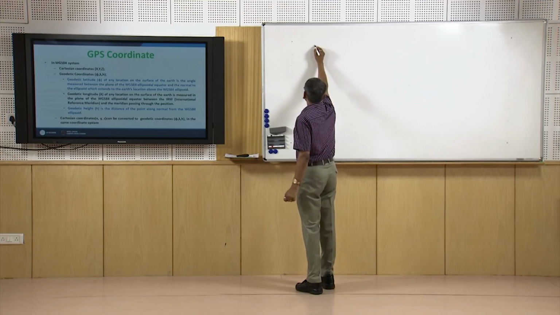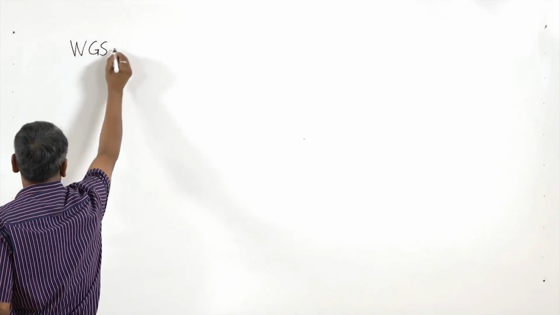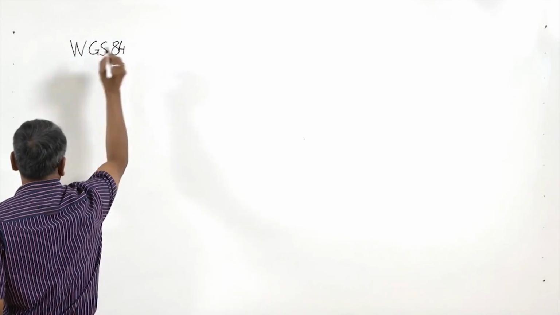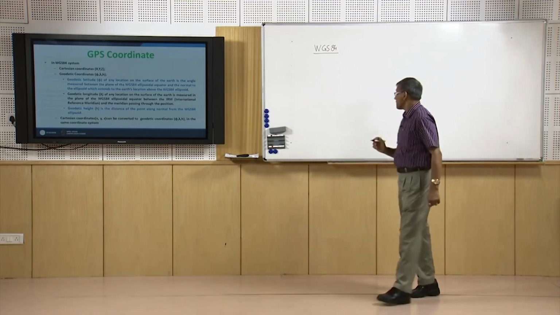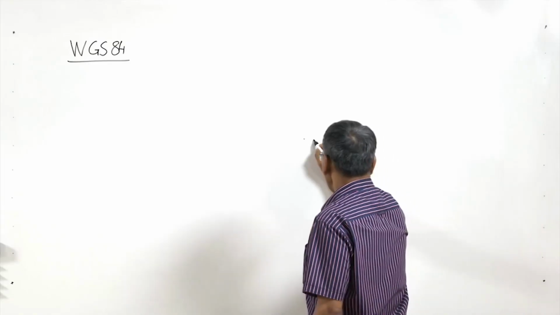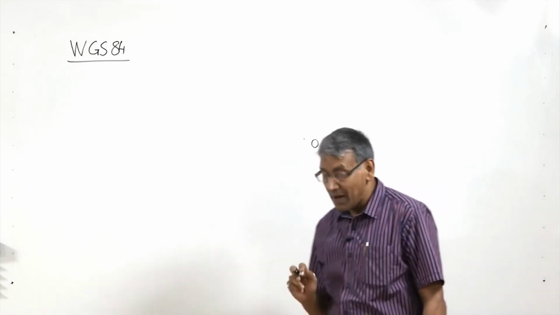Actually GPS provides us coordinates in the WGS 84 coordinate system. This coordinate system has the origin at the center of mass of the earth.